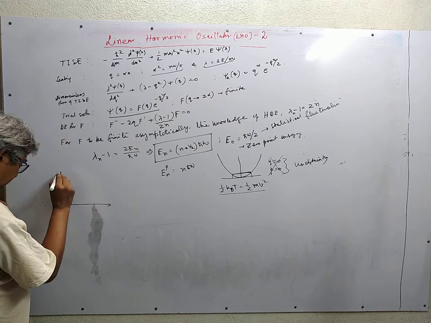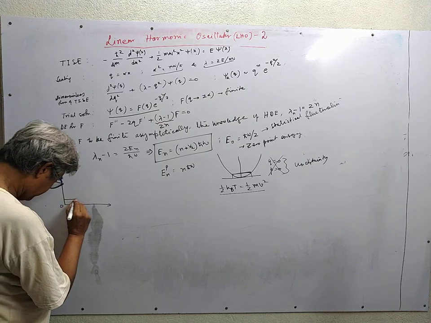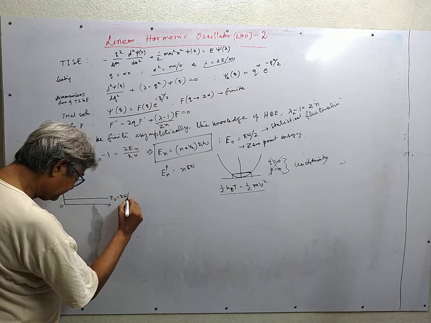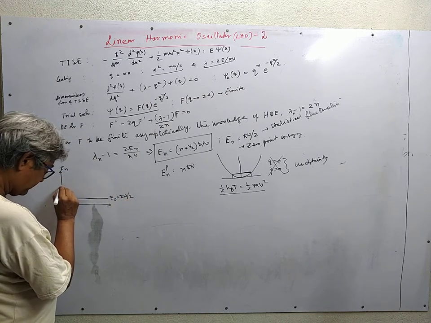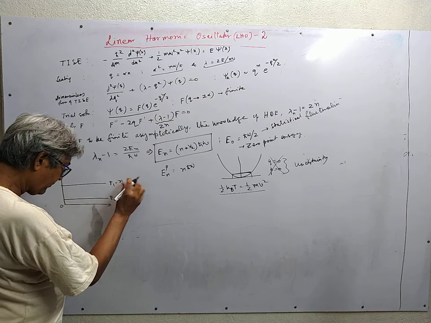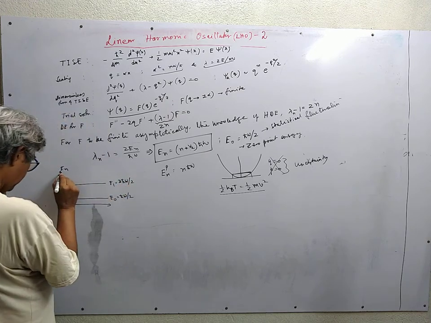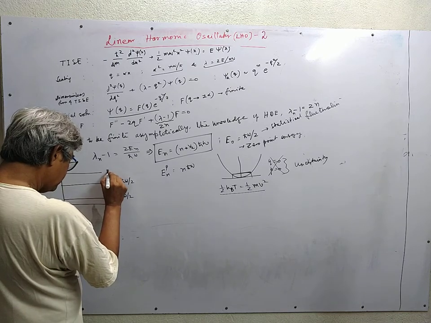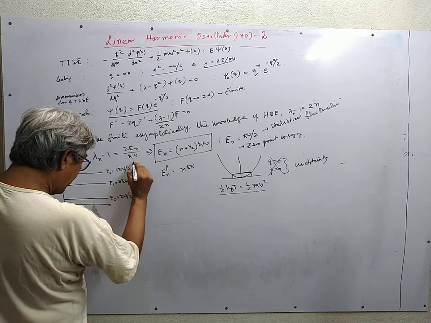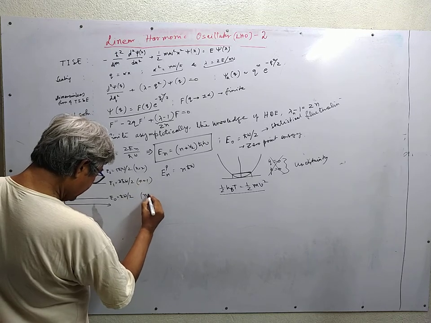This is the 0 level, and this is En, so this is E0, then the corresponding n values are n is equal to 2, n is equal to 1, and n is equal to 0.